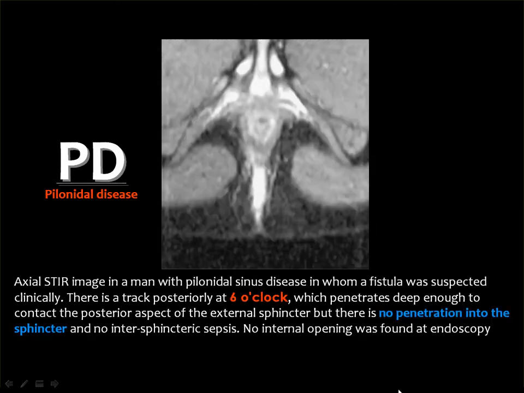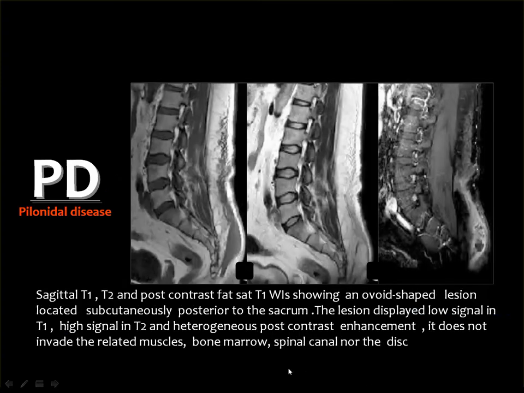And this is also an example, and you see an inflammatory tract which goes from the skin deep, but it did not reach the external anal sphincter, nor of course the internal anal sphincter, and there is no external opening. This should be carefully discriminated from the perianal fistula.